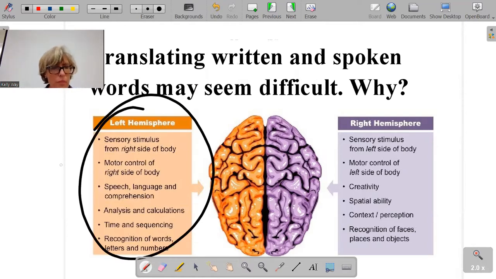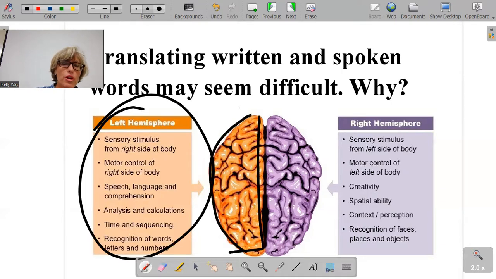So reading, speaking, I say predominantly, it's not 100%, but the majority is what we call left hemisphere brain. I'm sure you've heard of left and right hemisphere.